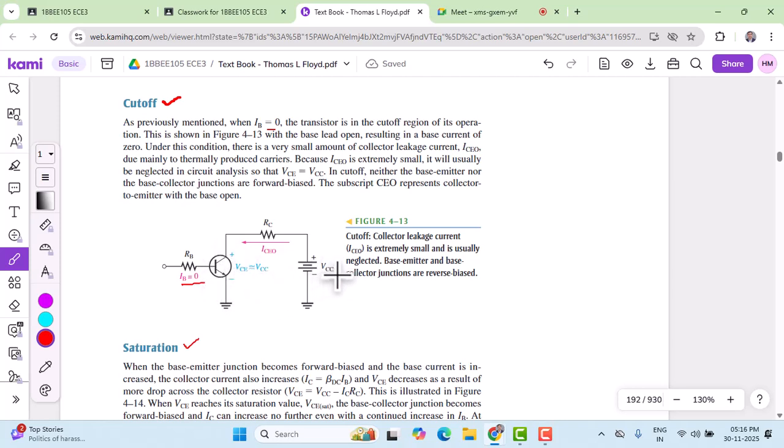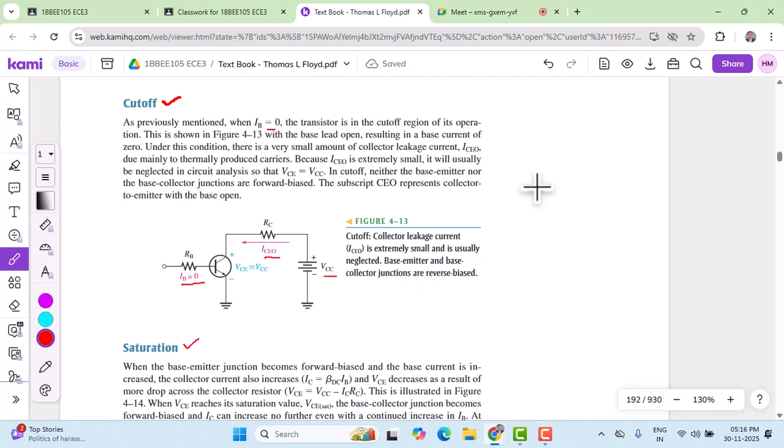However, the collector power supply VCC will be applied, and that causes a leakage current to flow between the collector and the emitter. The leakage current is labeled as ICEO. If we write the notation here, the current we are discussing is ICO. This is the current flowing from collector to emitter when the base is kept open.